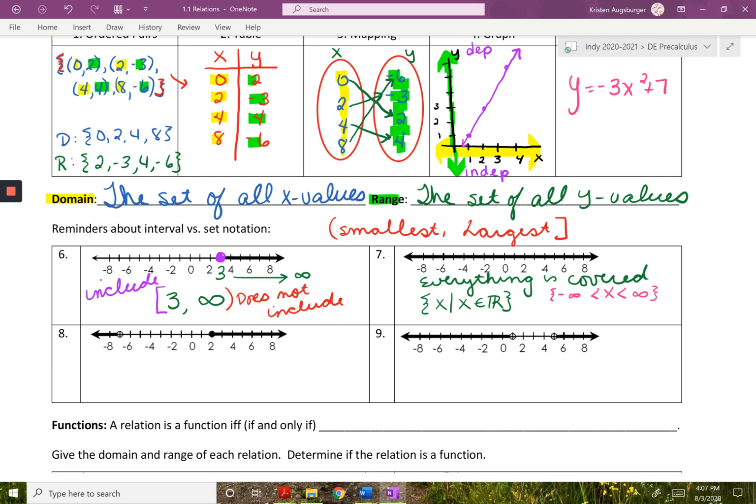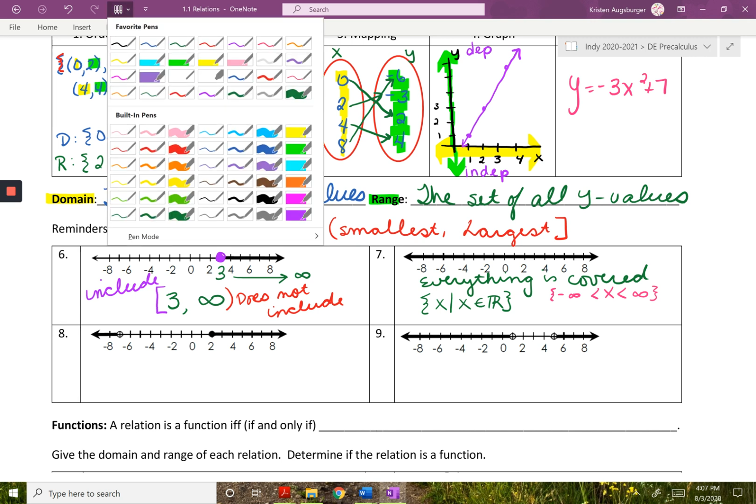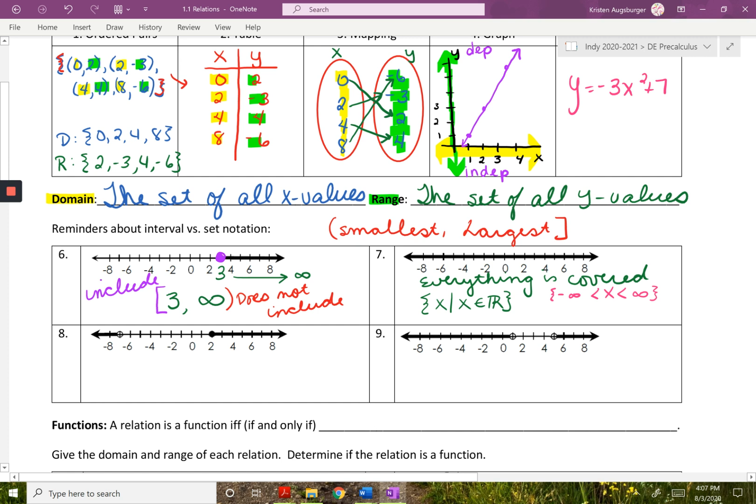Looking at number 7, how would we write it in set notation? First off, I need you to understand that we actually have two pieces working together here. We have this section and that section, but they are separate. So I'm going to have to do something that tapes them together, and that is the union.